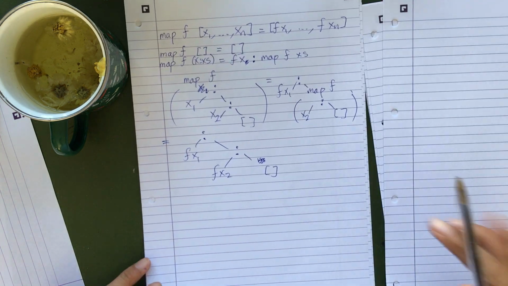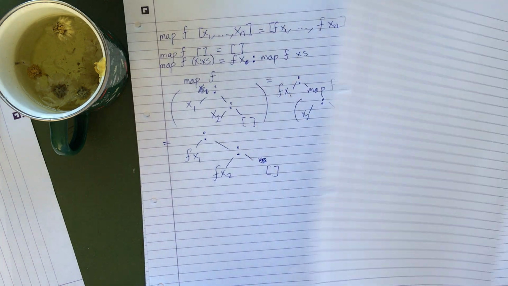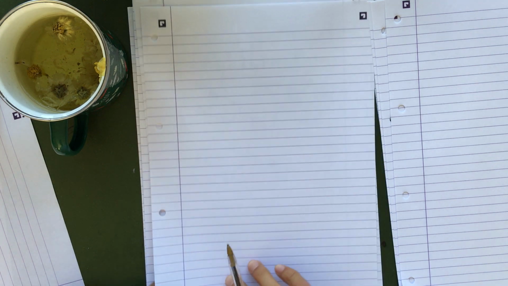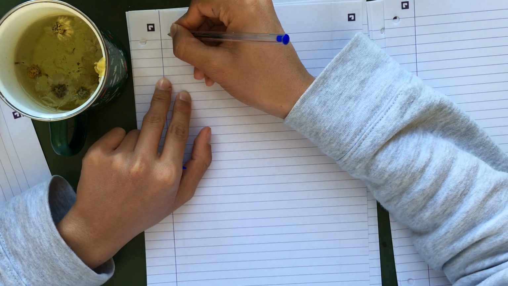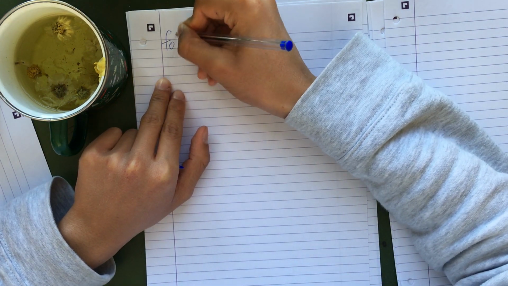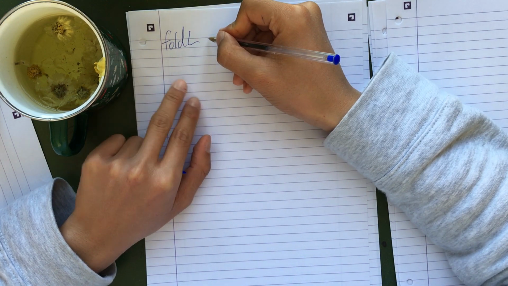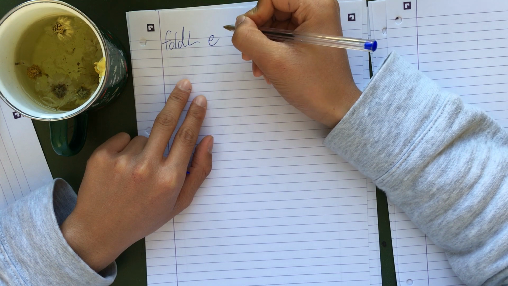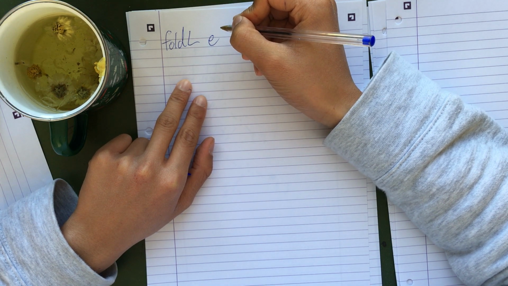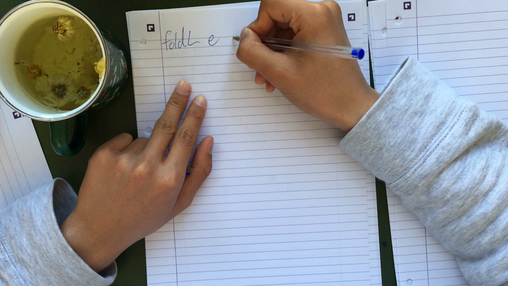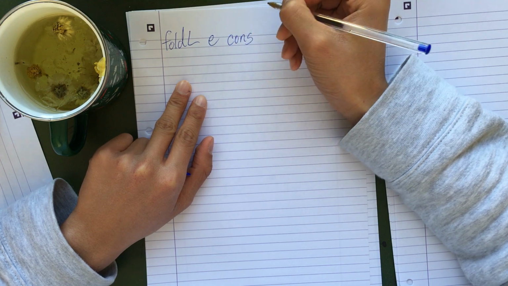Let's write that down. So we're going to have fold. I'm going to call it foldL for fold list. And it's going to take in two things. The thing you replace the empty list by, E, and the thing you replace cons by, which I'm going to call cons.